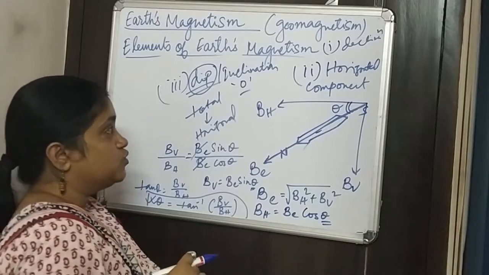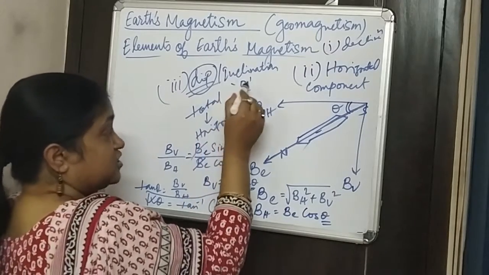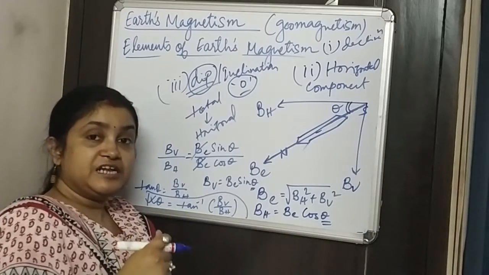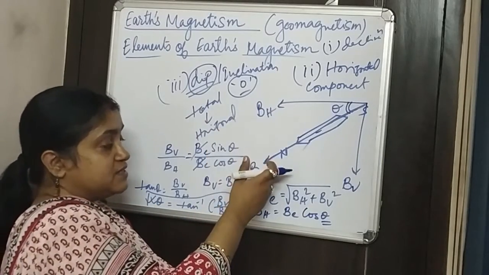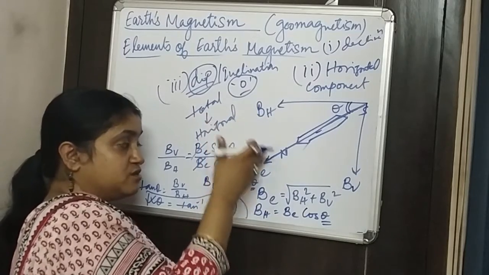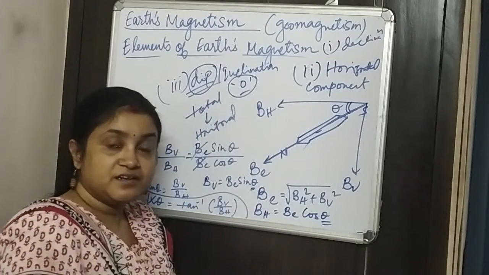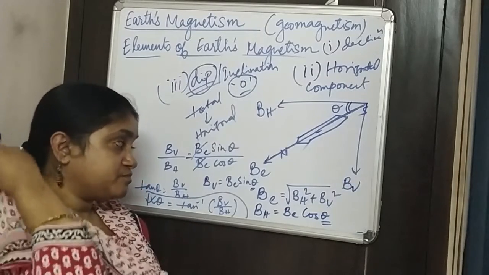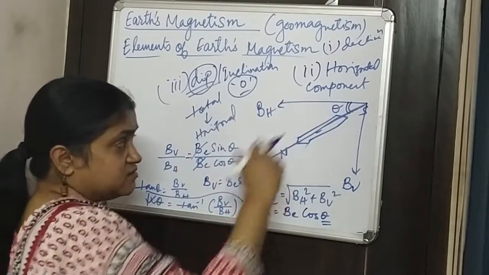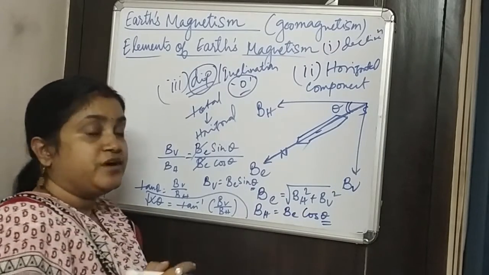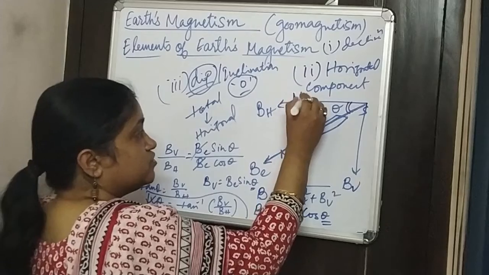So such places which have the dip or inclination 0, where the total magnetic field and horizontal magnetic field are equal to each other and the angle between them is 0, such points are called neutral points.